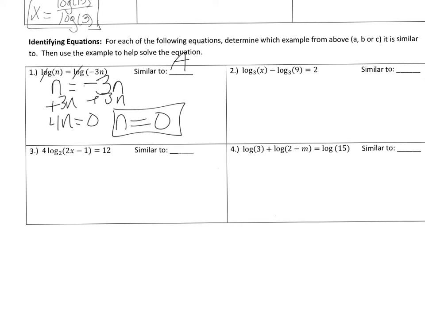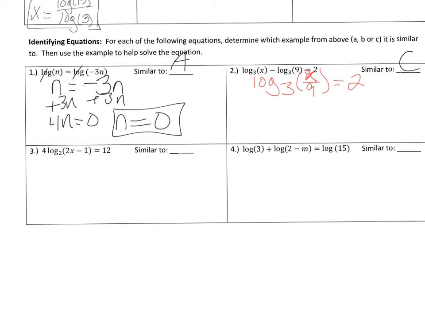Okay. So number 2, that is similar to the last one we solved, or equation C, and we need to condense that into one logarithm, and then we can rewrite and solve. So I combine this as log base 3 of x divided by 9, because I've got to go first divided by second, is equal to 2.